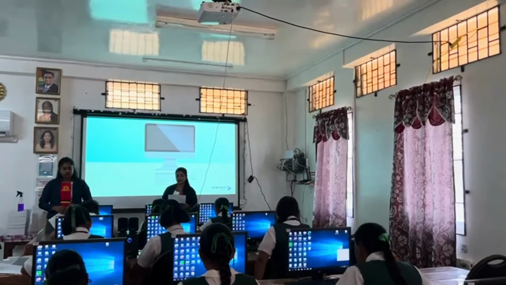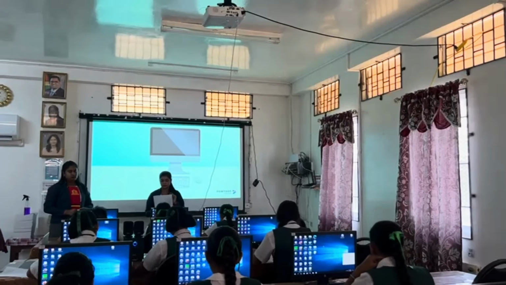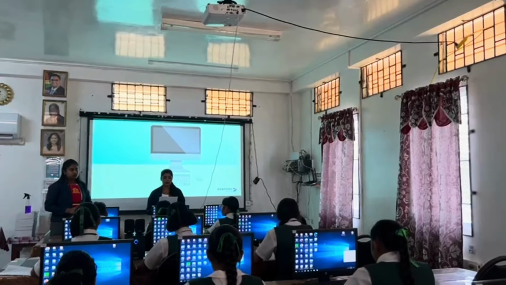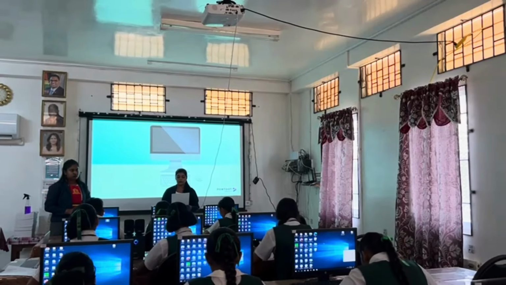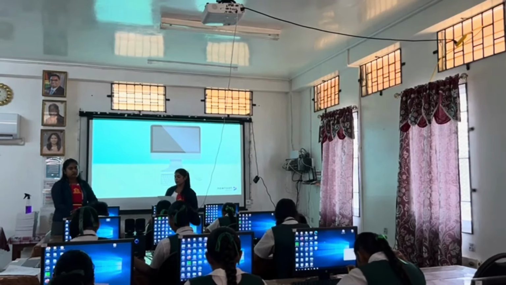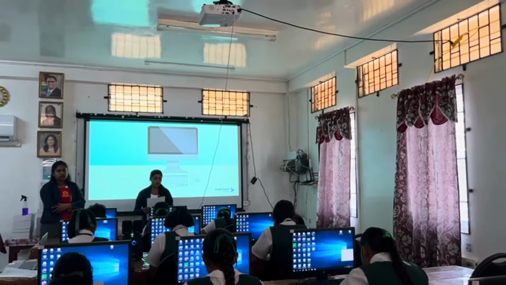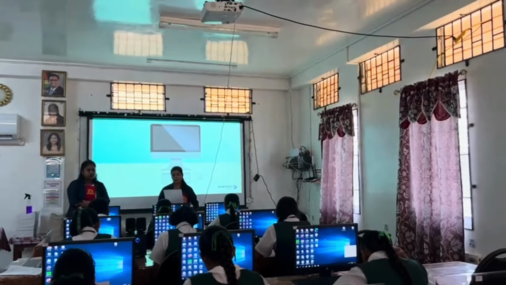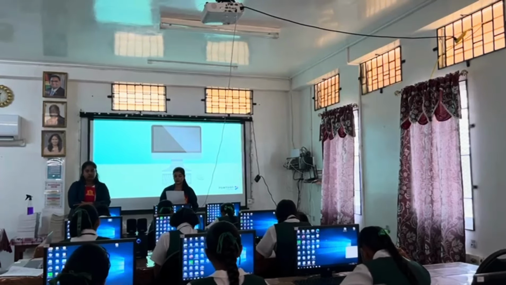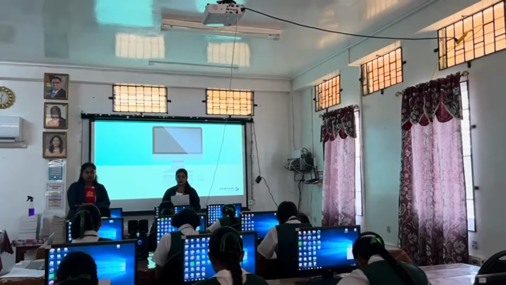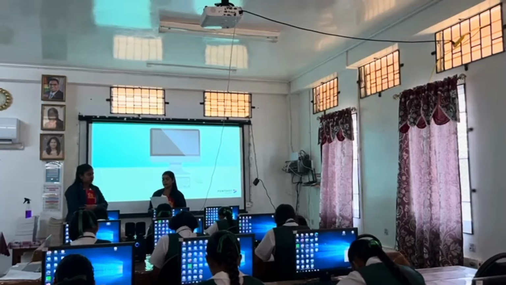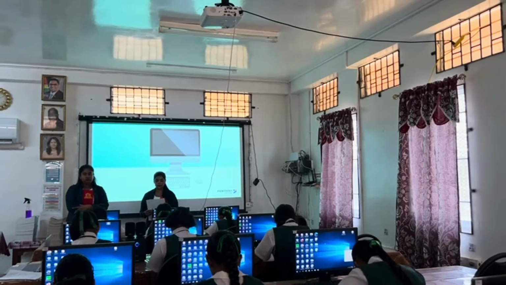What is the function of the monitor? It has information on the screen. Very good. It displays pictures, videos, and information on the screen. The other one we have there is the keyboard. Letters, numbers, and symbols. Very good. It's used to type letters, numbers, and symbols.